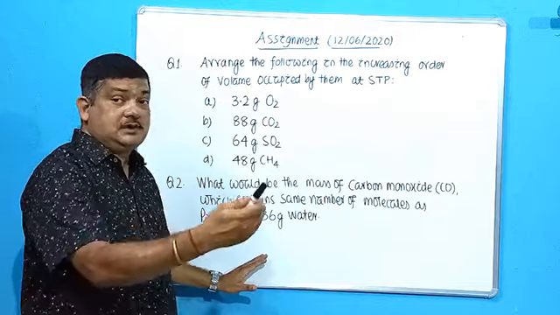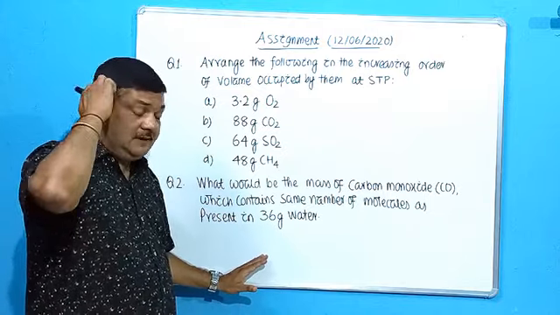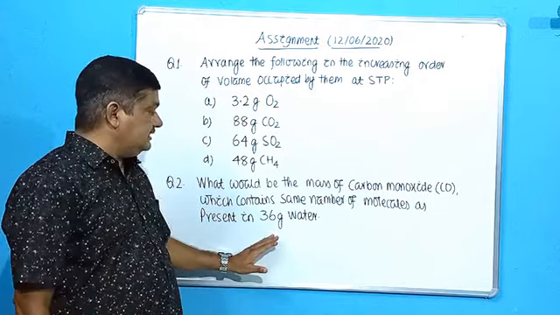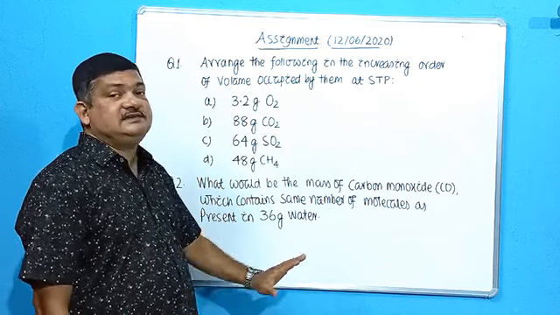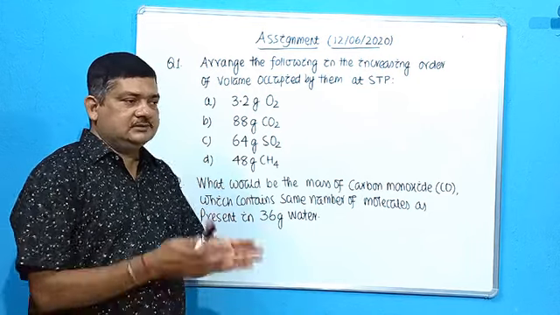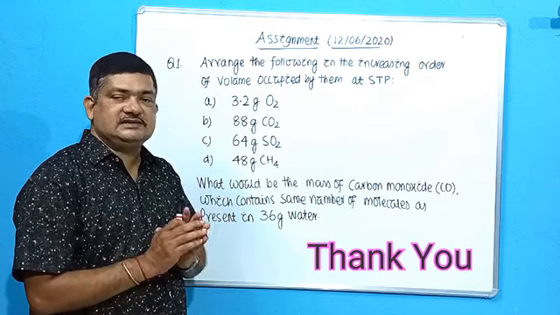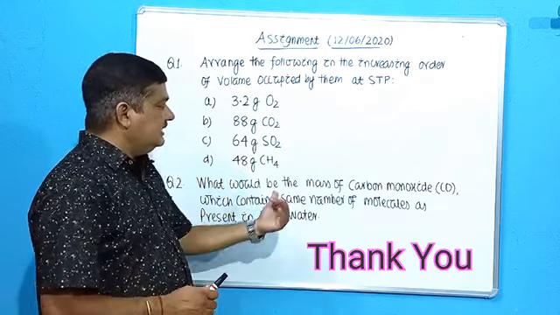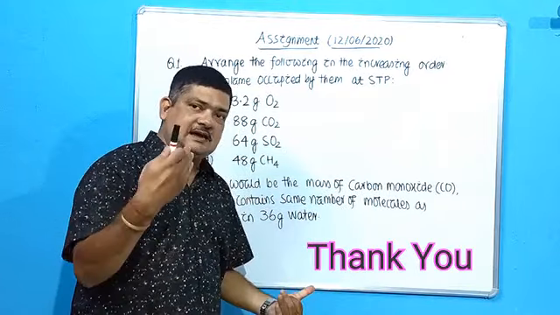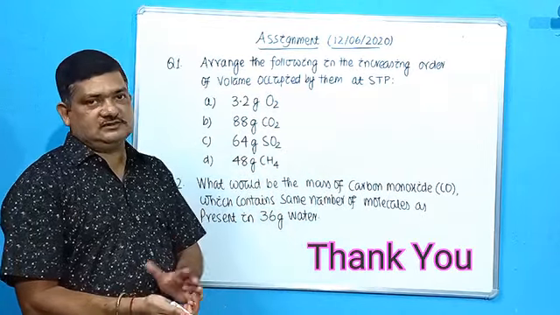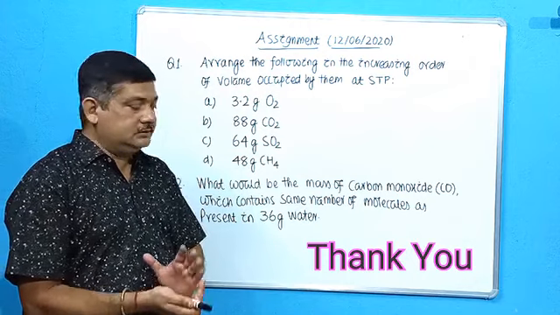You have to solve it in reverse, as you solved today. First calculate the number of molecules present in 36 gram of water. Then, when carbon monoxide contains the same number of molecules, what will be its mass? You have to solve it.